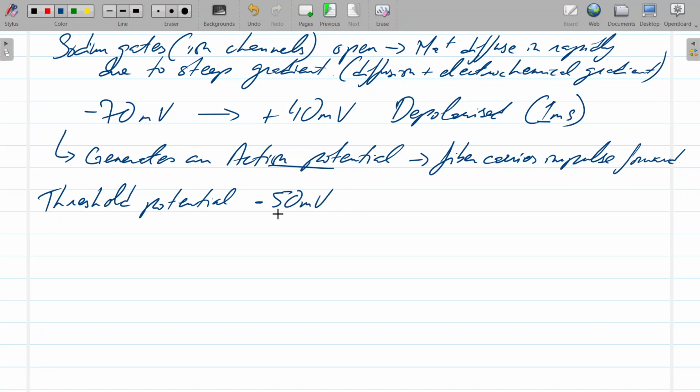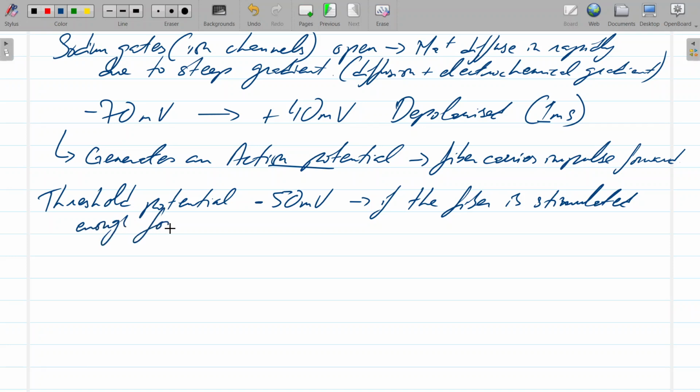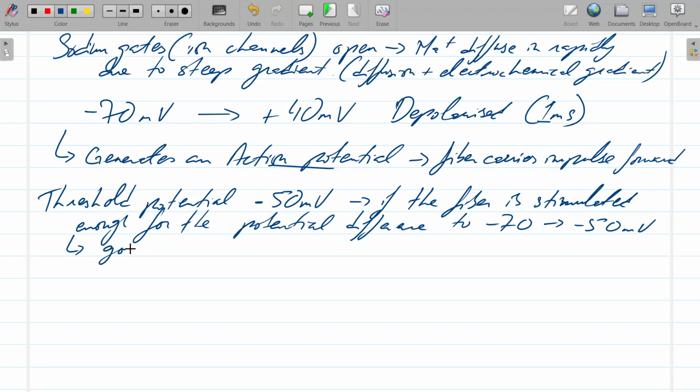So the whole point of this is if the fiber is stimulated enough, right, for the potential difference to go from minus 70 to minus 50 millivolts, right, then it will go all the way. Right, goes all the way to being depolarized.